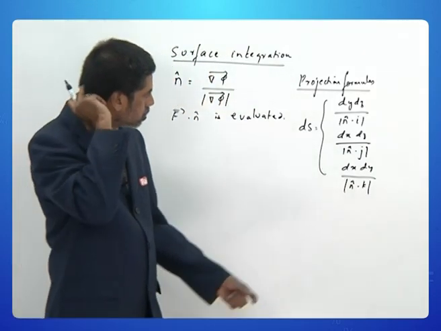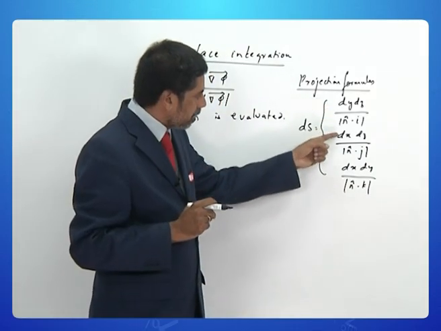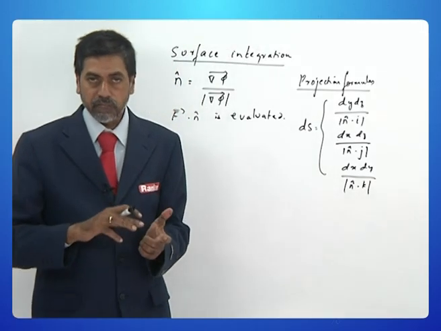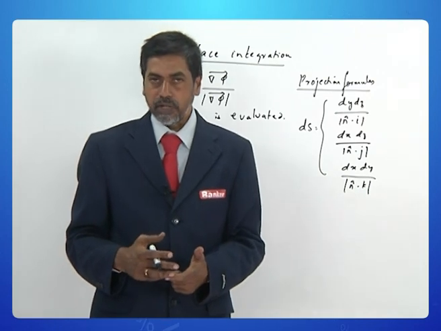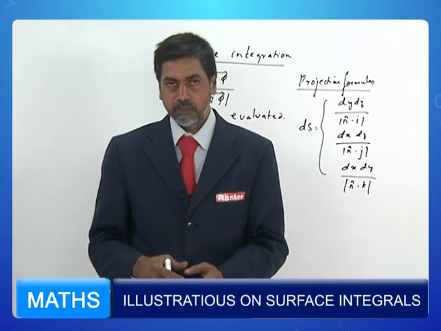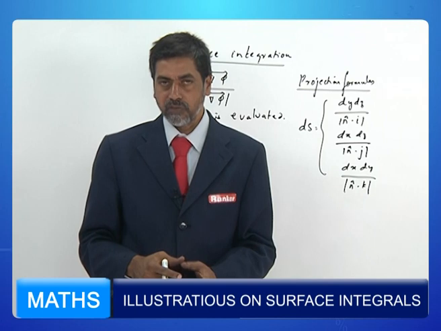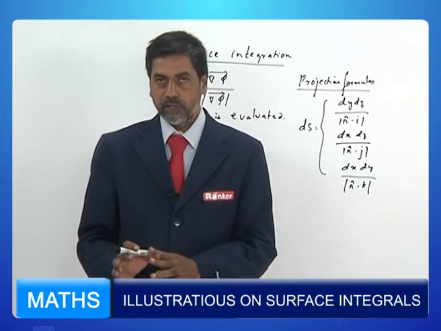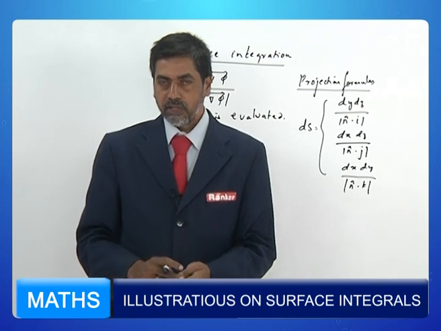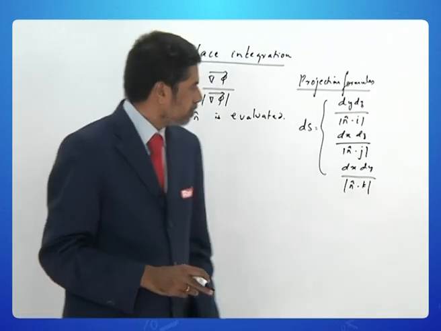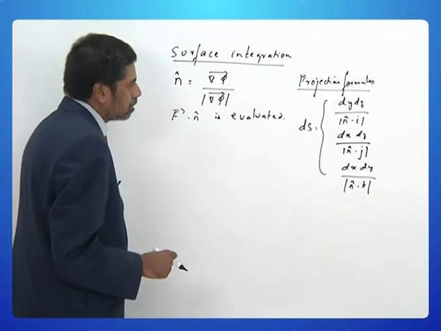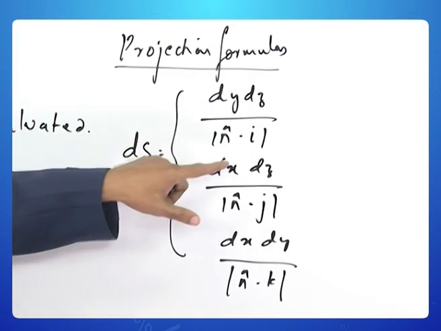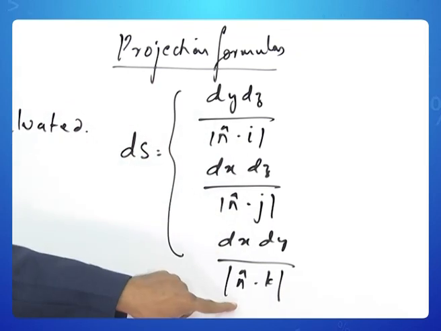So once you have decided the plane of projection, then you must be converting the surface integral into a double integral in that particular plane that you have selected, and the rest you will have to just follow the rules of double integration, about which we had discussed earlier. Now, these things need not be emphasized, but one can see the denominators are very critical.